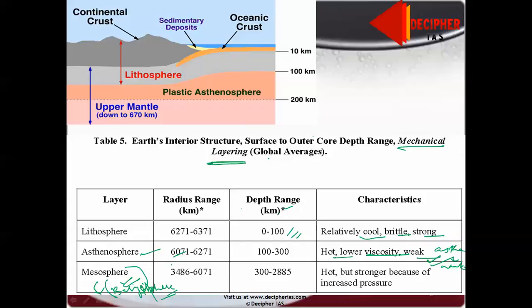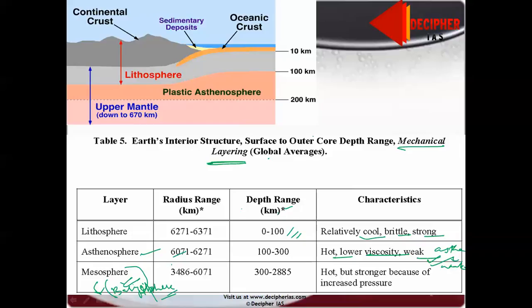Both of these crust types, oceanic as well as continental, are composed of numerous tectonic plates that float on top of the mantle, that is, on top of the asthenosphere, which means that the lithospheric plates can move bodily over the plastic asthenosphere.